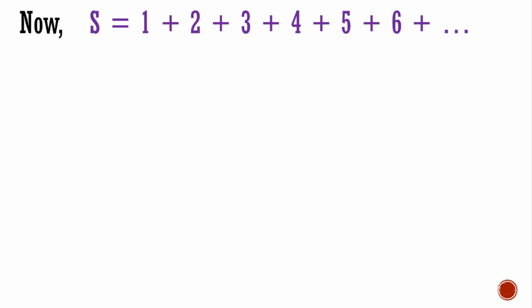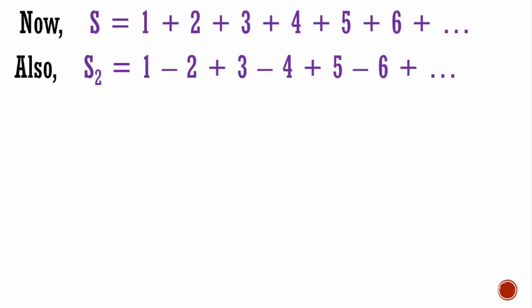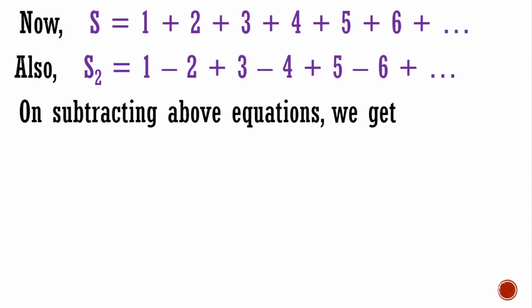Now, given S is equal to 1 plus 2 plus 3 plus 4 plus 5 plus 6 and so on, we are interested in the sum S. Also, we have S2 equal to 1 minus 2 plus 3 minus 4 plus 5 and so on. If we subtract the second equation from the first equation, we get S minus S2 equal to 4 plus 8 plus 12 and so on.